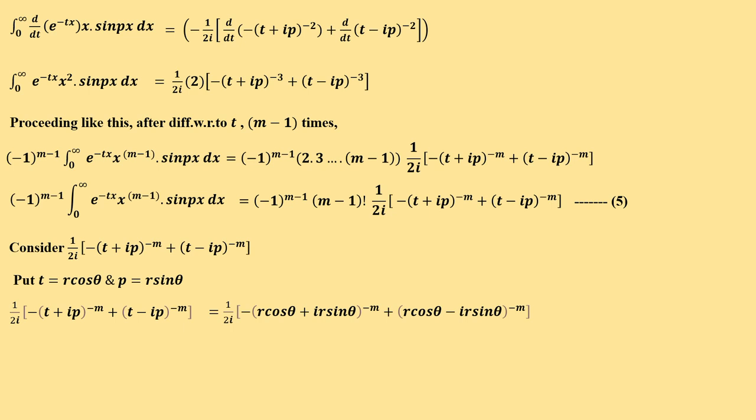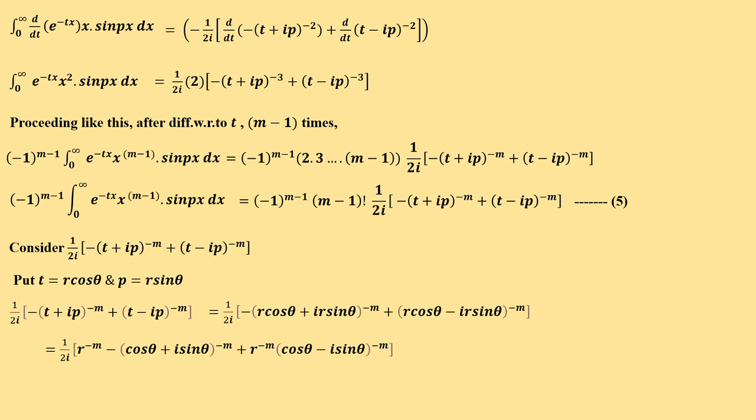So (r cos theta plus i r sin theta) whole power minus m plus (r cos theta minus i r sin theta) whole power minus m. So 1 by 2i, r is common, take it outside, r power minus m, because r is inside the power minus m.